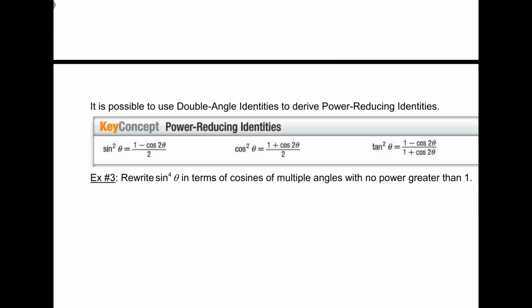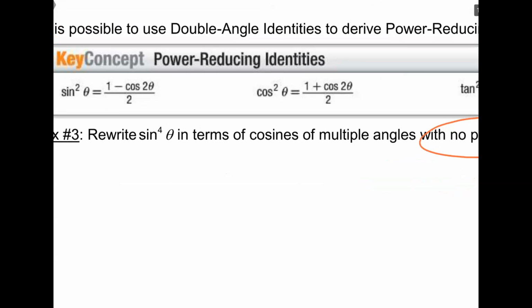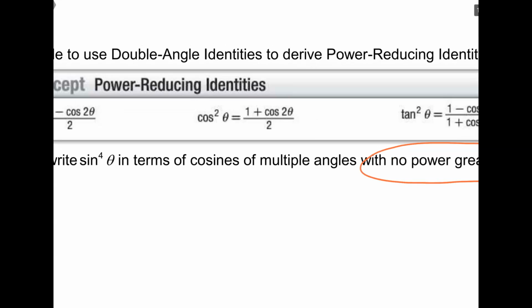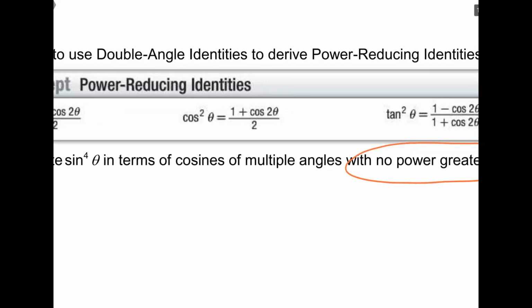So the way I'm going to ask you is just like this example says: rewrite in terms of cosines of multiple angles with no power greater than 1. If I'm wanting something with no power greater than 1, you're trying to reduce the powers, so you'll use the power reducing identities. It's possible to use double angle identities to derive the power reducing identities.